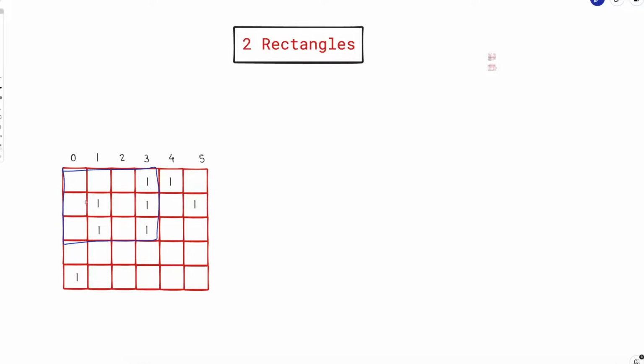Now once you have fixed the first rectangle, the second rectangle can either be on the right or can be down, or it can be completely isolated, like somewhere in this part, right?